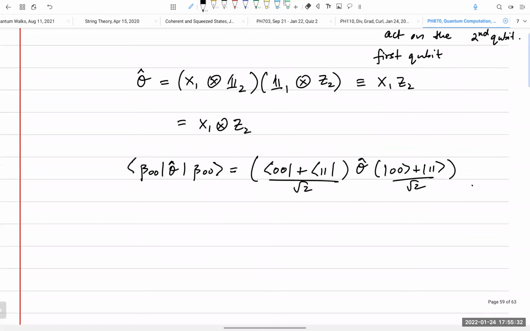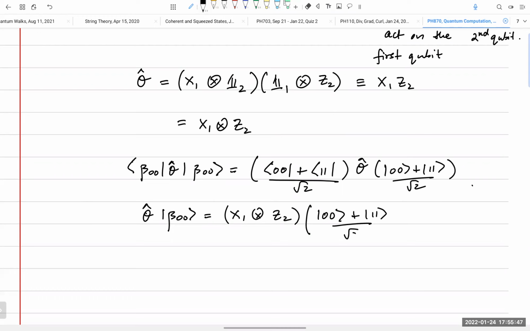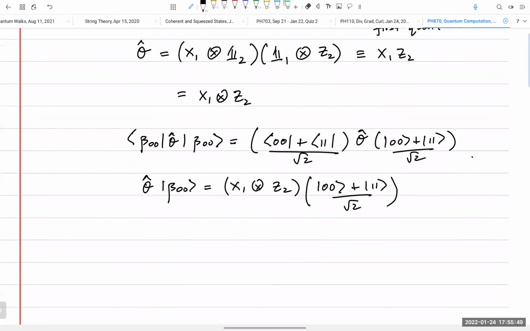So now let me take the operator and see what happens when I act on beta 00 with this. So when I take x1 tensor z2 and I act on this state, 00 plus 11 by root 2, what will happen? Can somebody tell me what will happen to the 00 state under x1 z2?